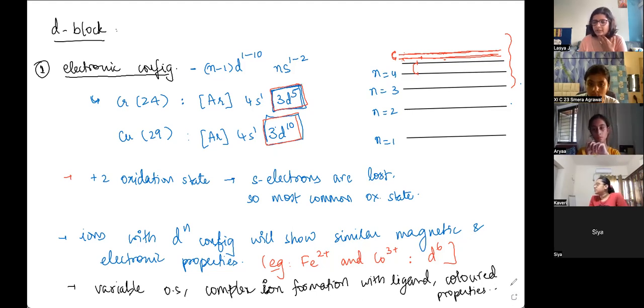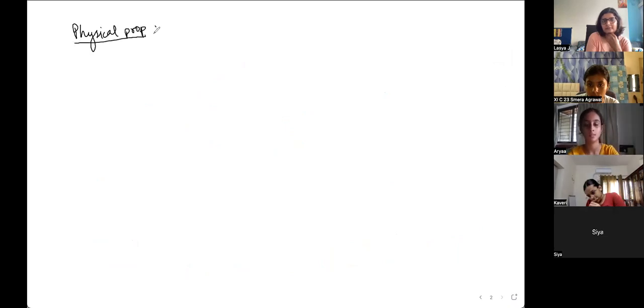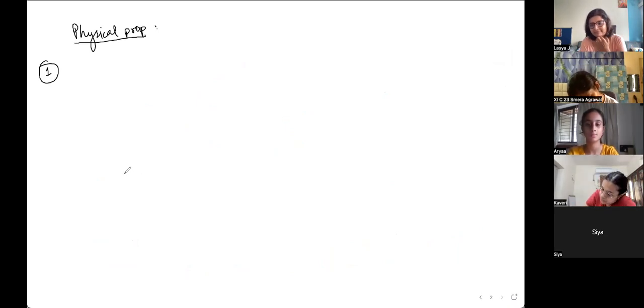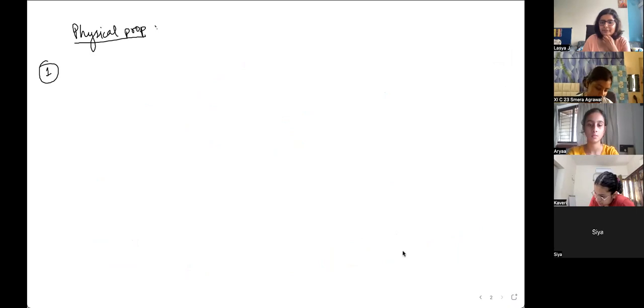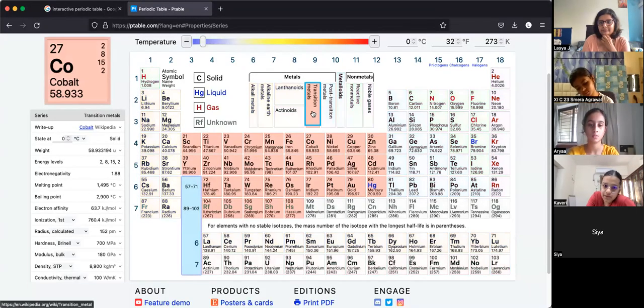All right. So we'll quickly look at the physical properties. What's the first thing that comes to mind when you think of D block elements? I'll show the periodic table here. Metals, yes.